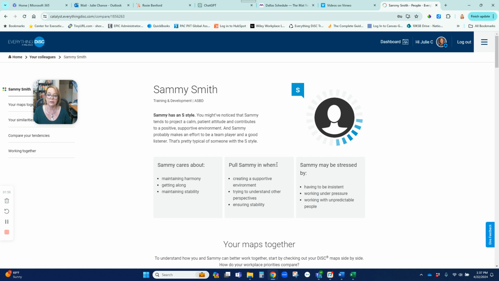The first thing we see is what Sammy cares about, when to pull Sammy in, which is really what he's good at, his strengths, and what may stress Sammy. Sammy will pull me up in his colleagues platform and see that same information about me, so we can have a dialogue around that.